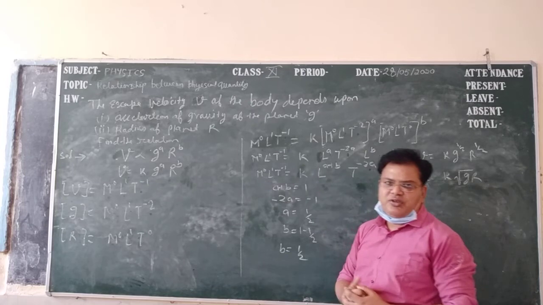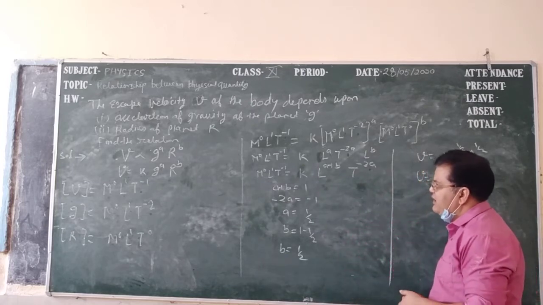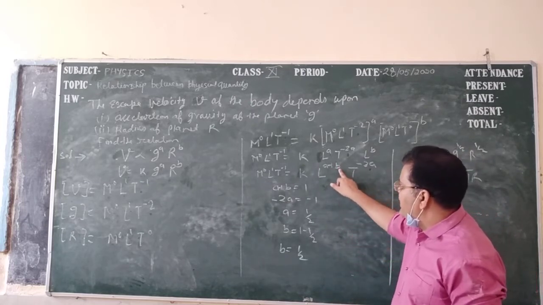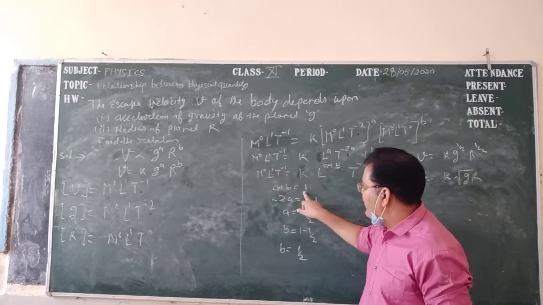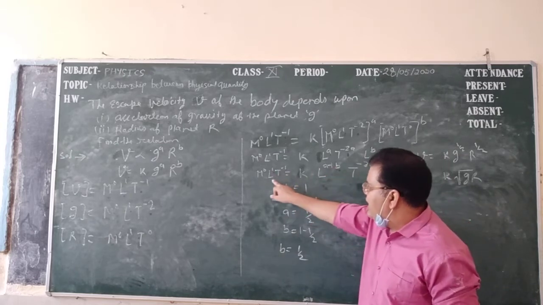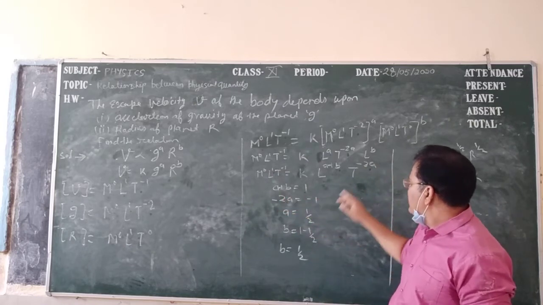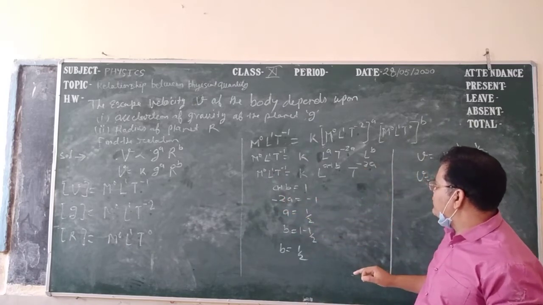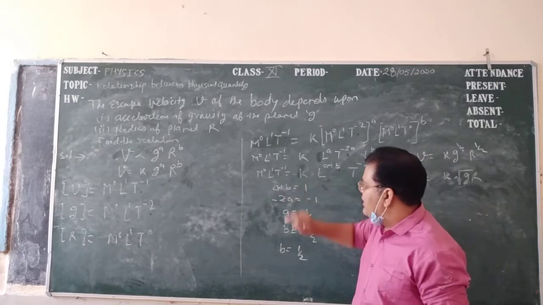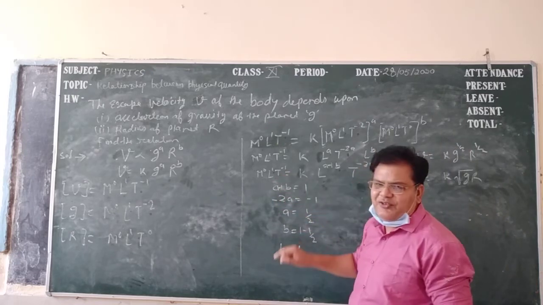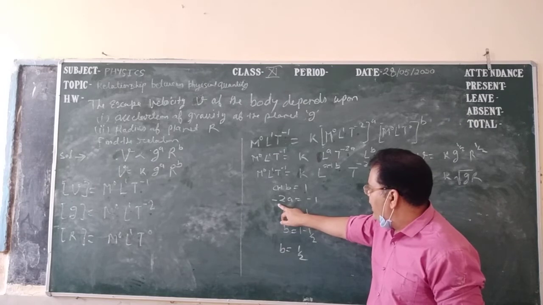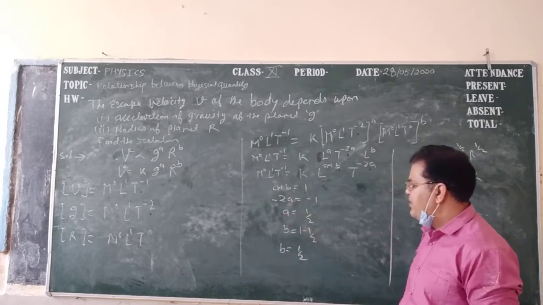Comparing the powers from both sides, we get a plus b equals 1, since L to the power a plus b is L to the power 1. Then t to the power minus 2a on this side and t to the power minus 1 on the other, so minus 2a equals minus 1.